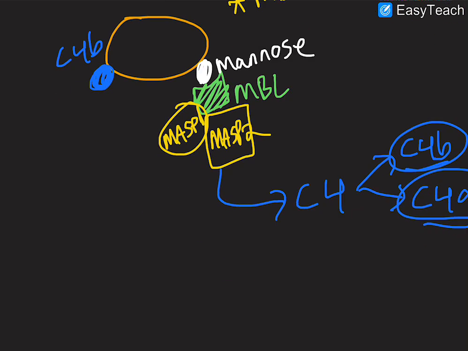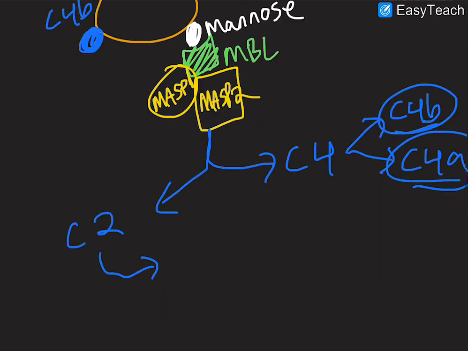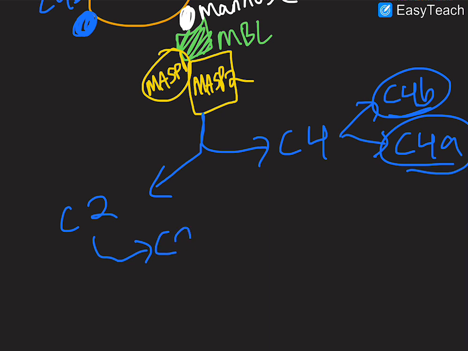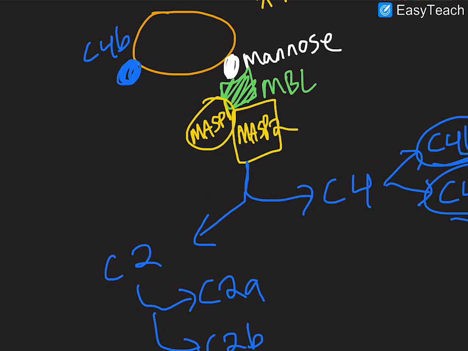Next, MASP2, just like C1s, will also cleave C2 into two different things. What are those two different things? C2a and C2b. We know that C2a will go and bind C4b. Let's do a different color, let's do red.